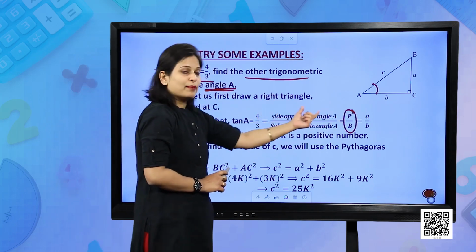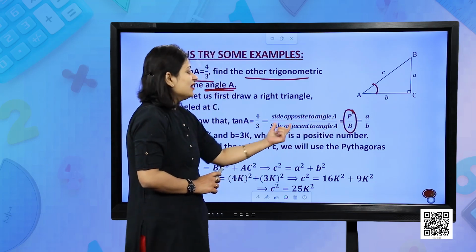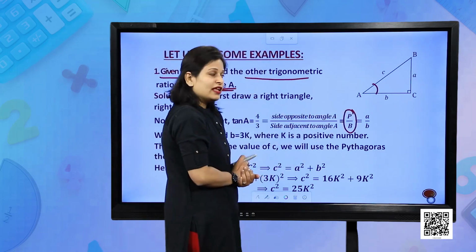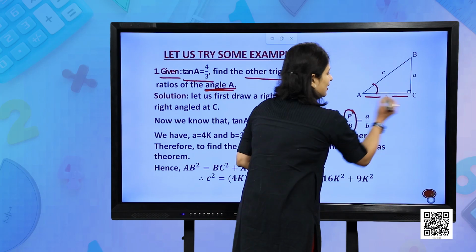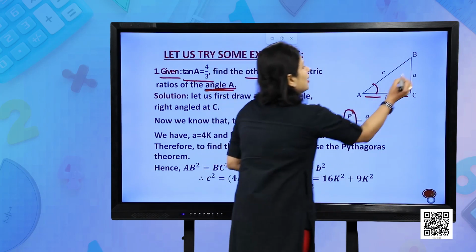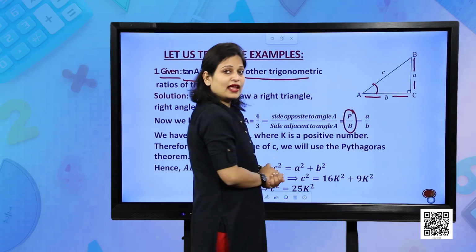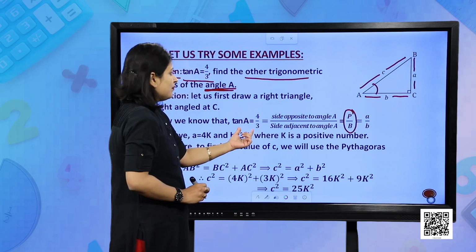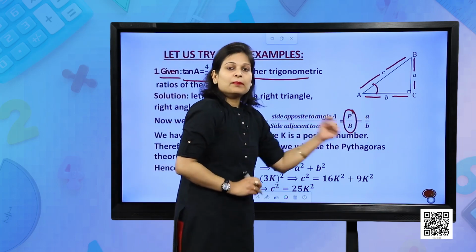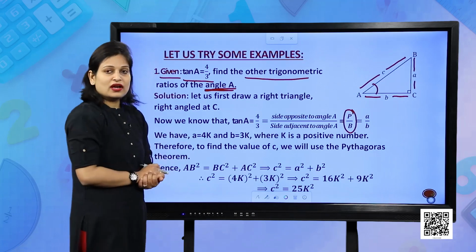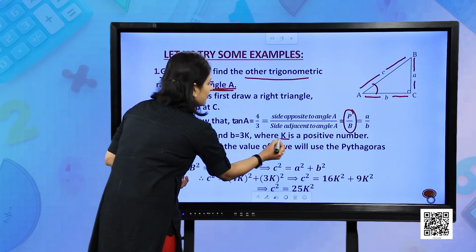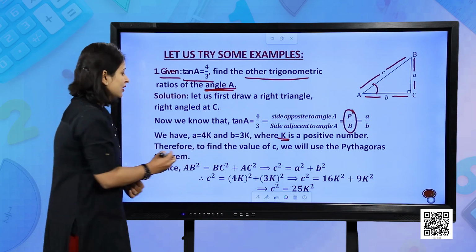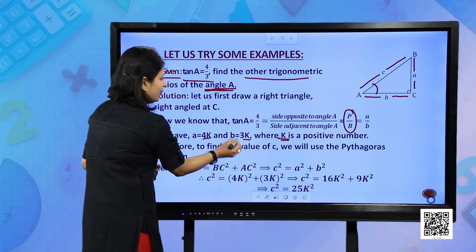Perpendicular means side opposite to angle A, base means side adjacent to angle A. So I have considered the length of side AC as B, the length of side BC as A, and the length of side AB as C. So tan A will become A by B. Now I have to consider a positive number K. So I will get the value of A and B as 4K and 3K.